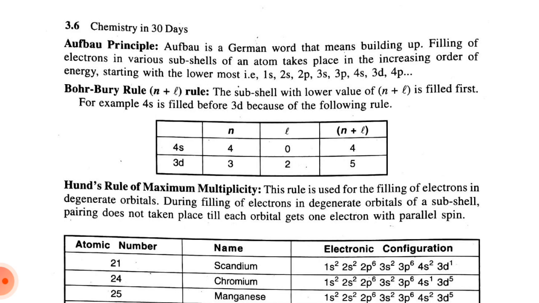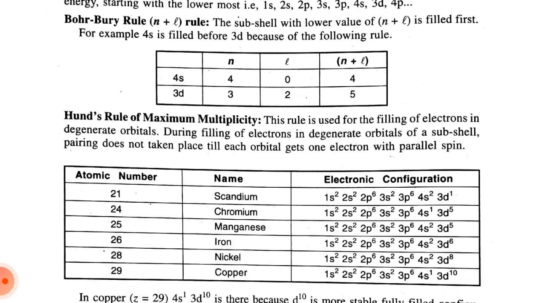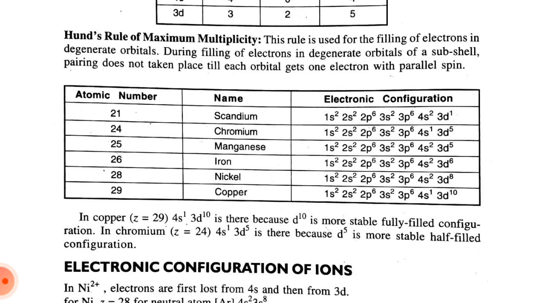Bohr-Bury rule, the n + l rule. The subshell with the lower value of n + l is filled first. For example, 4s is filled before 3d because of this rule. For 4s, n = 4, l = 0, n + l = 4. For 3d, n = 3, l = 2, n + l = 5. Hund's rule of maximum multiplicity.